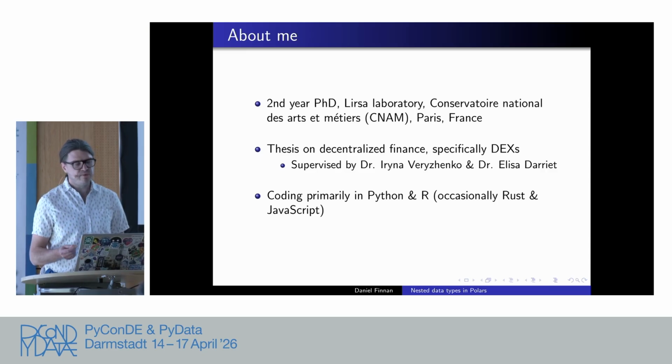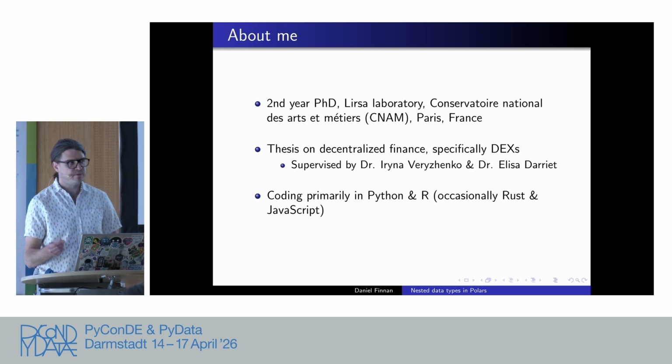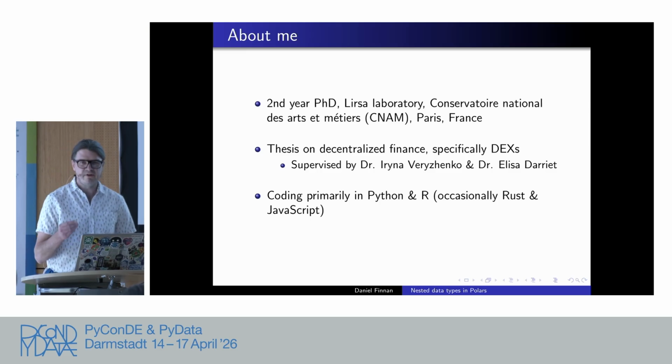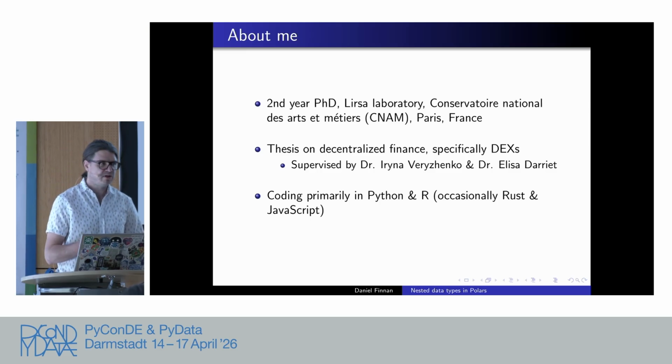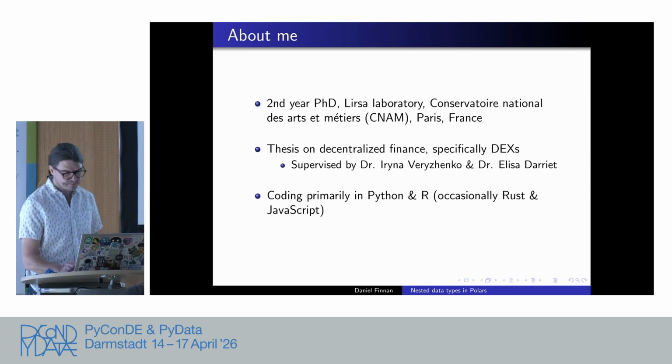But I'm here today because I use polars extensively in my data pipeline. Specifically, I tend to ingest and create my features using Python and then onto R for my econometric analysis. So I went down a little rabbit hole last year looking at nested types in polars. So that's why I'm here today talking about that.